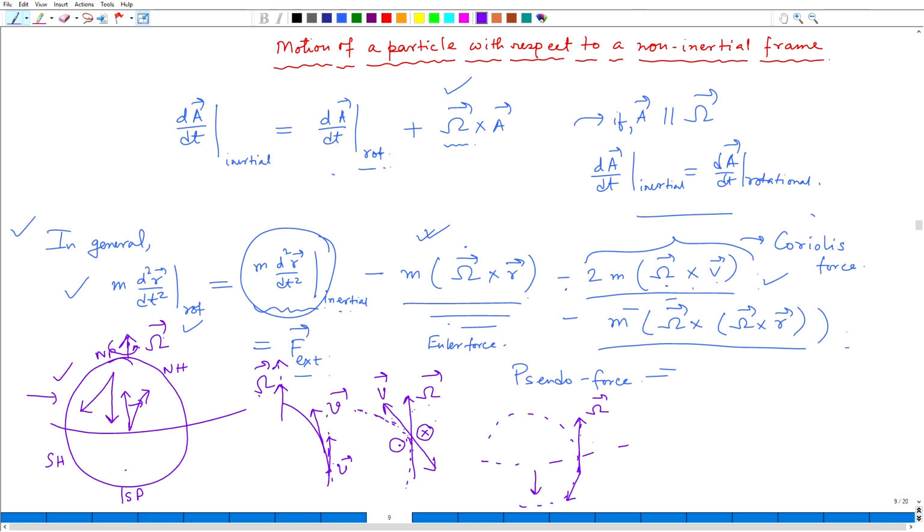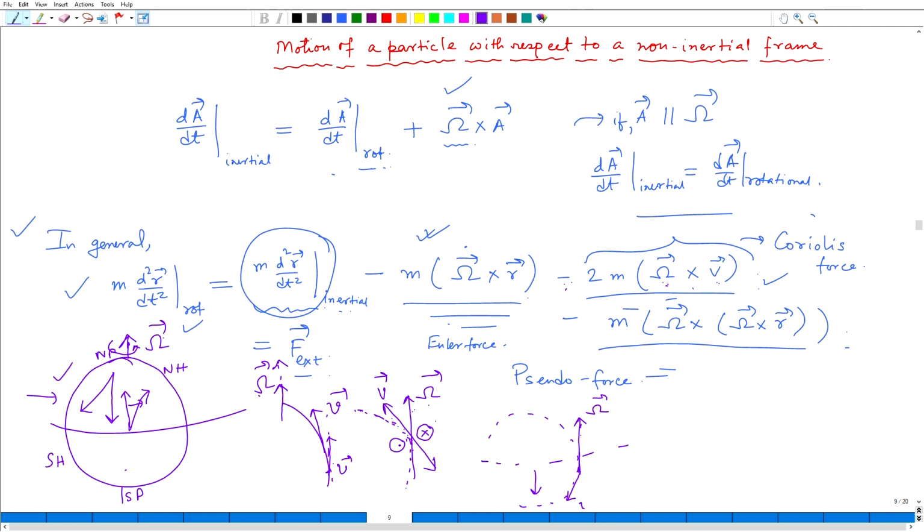Okay. And so, the Coriolis force is always minus omega cross v. So, if I also say that minus omega cross v is v cross omega, I know, but it is also true this is exactly equal to minus omega cross v.